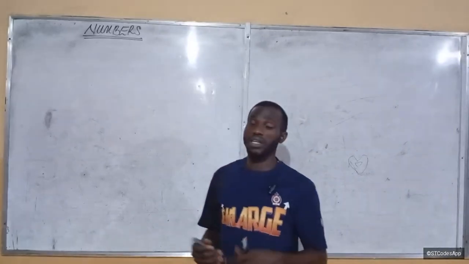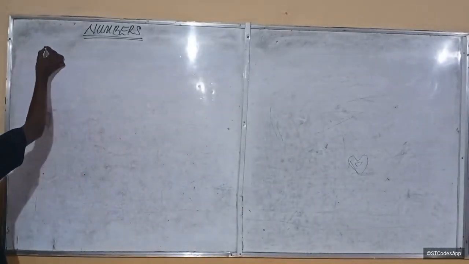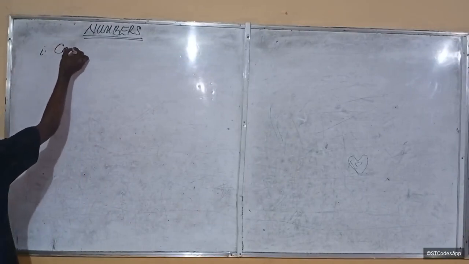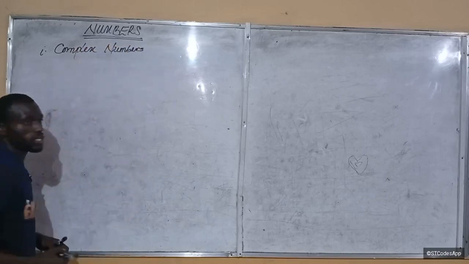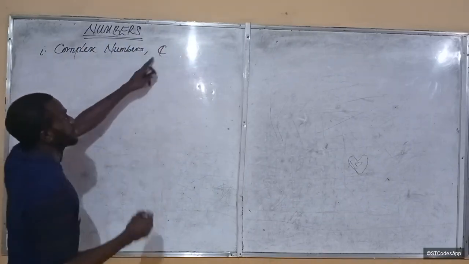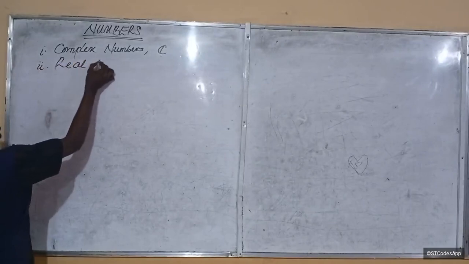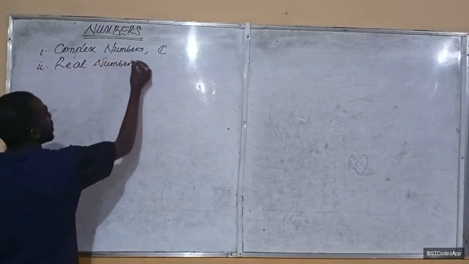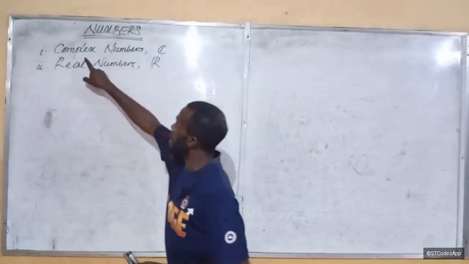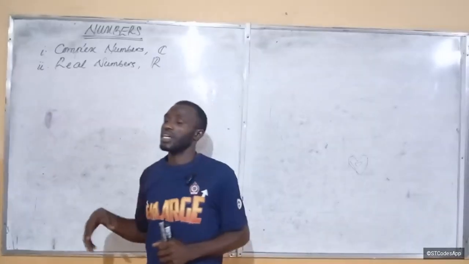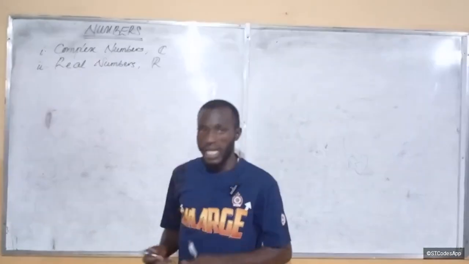Numbers are primarily classified into two broad categories, which are the complex numbers, which have the symbol C with a dash like this. Then the second category is real numbers. Actually, the real numbers are said to be subsets of the complex numbers, and I'll tell you why.